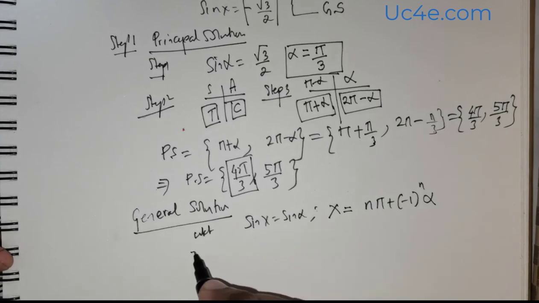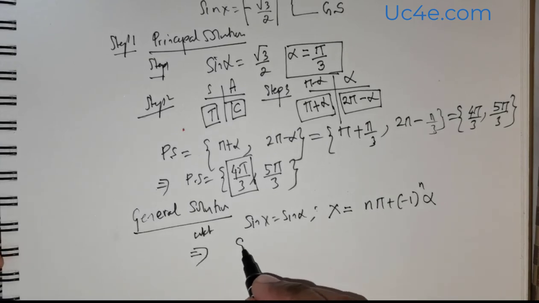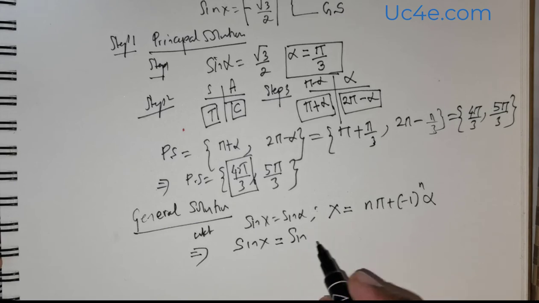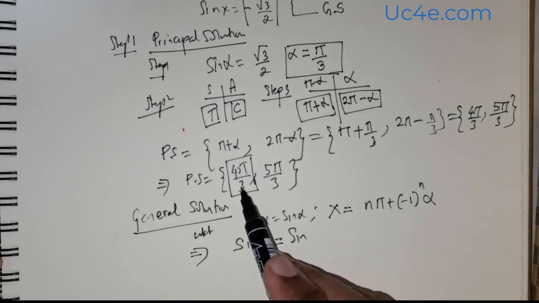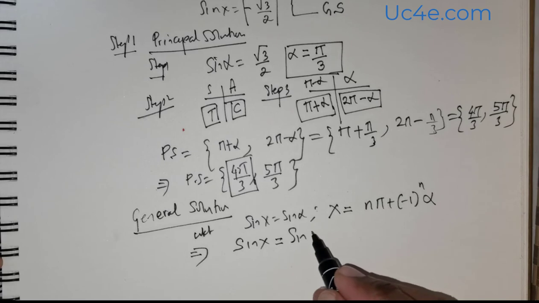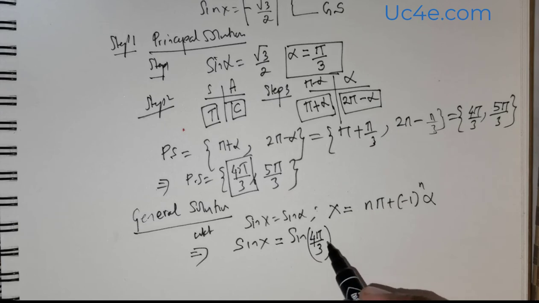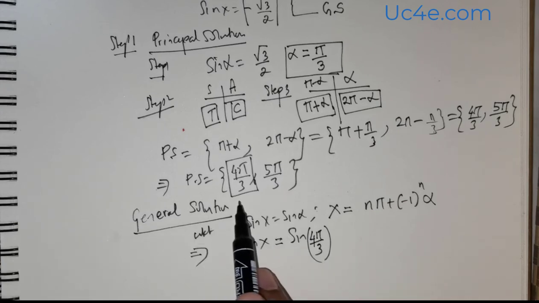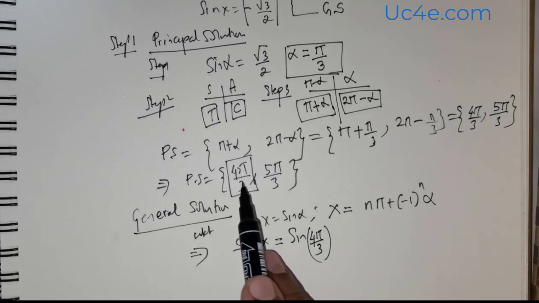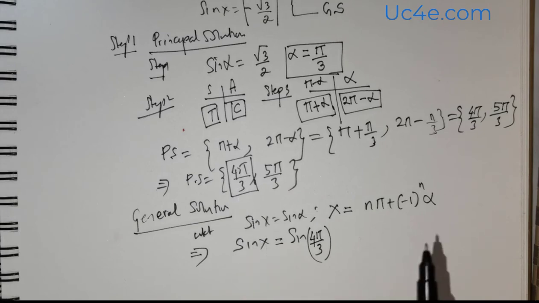So that would mean my sin x in this case is going to be sine of, I've taken alpha to be 4 pi over 3. So this is going to be sine of 4 pi over 3. Now this is obtained because of the principal solution we have just achieved. So I'm just taking one of these values.